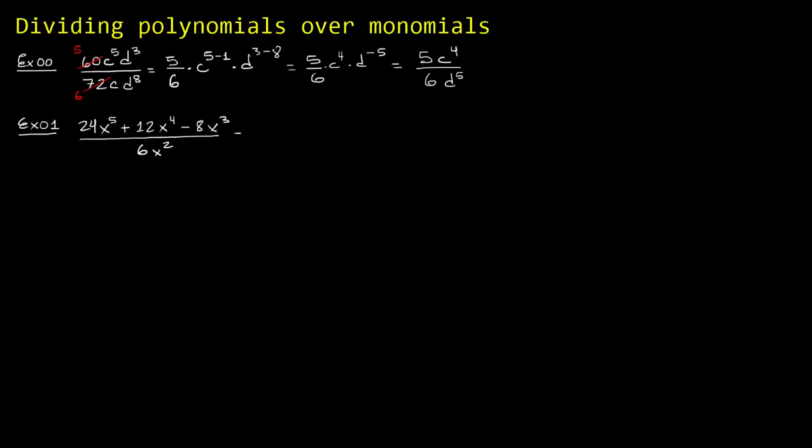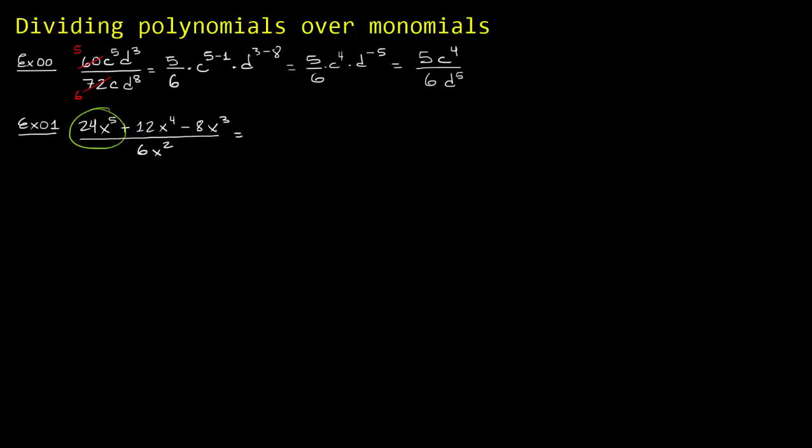So in a sense, what we've got to do is simplify by dividing each term. We're going to divide each of the terms we've got on the numerator, which is the above part, over the denominator.